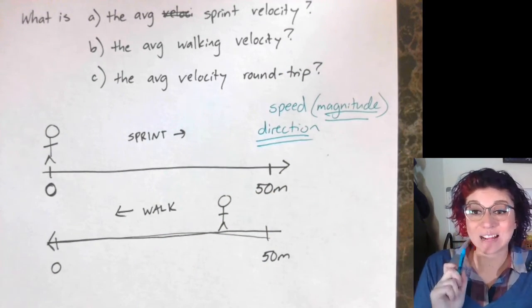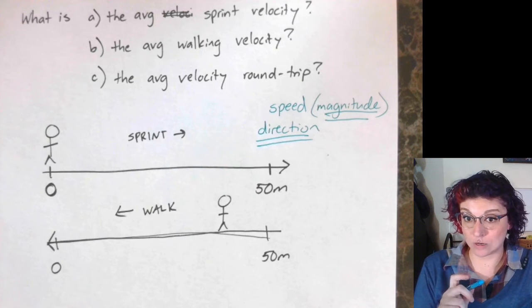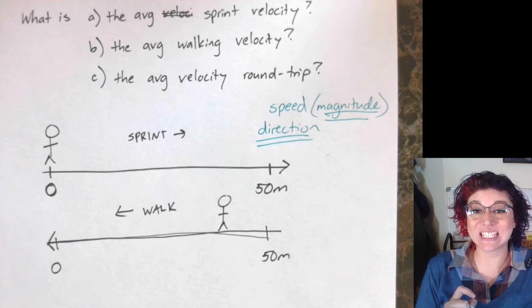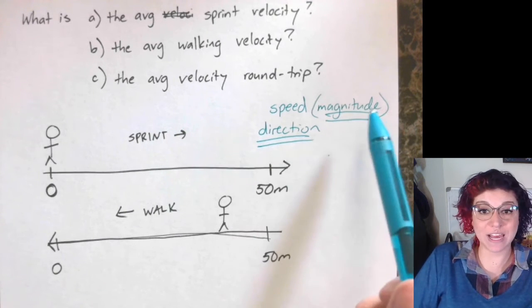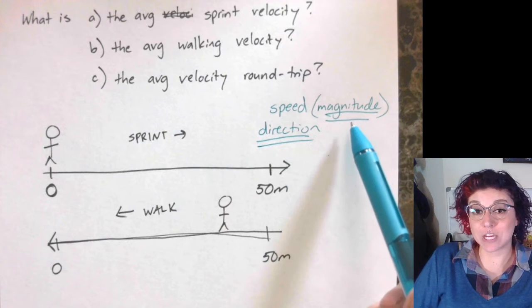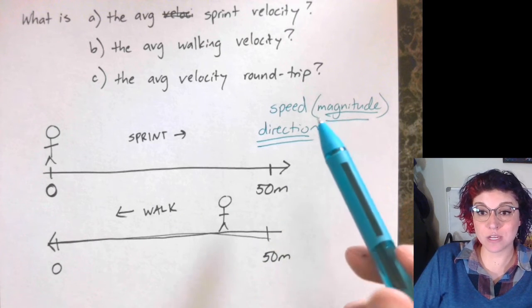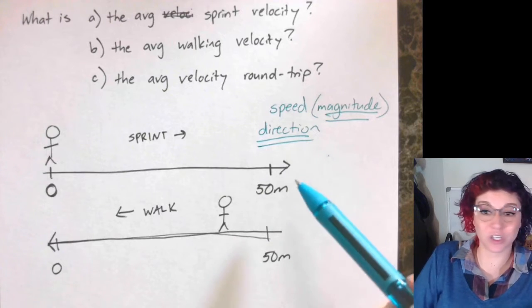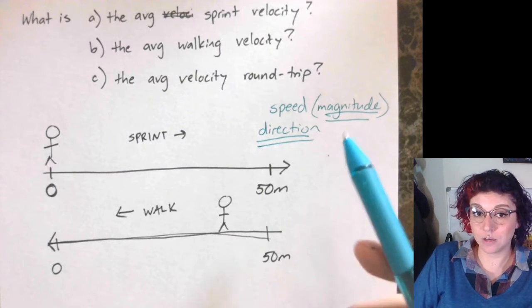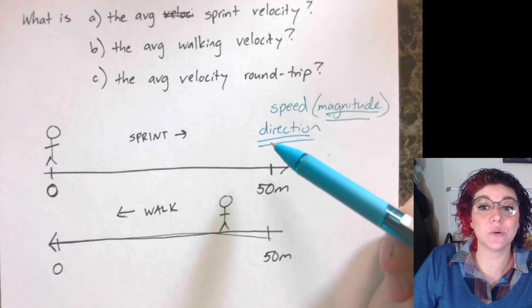This directionality component is so important. It's what distinguishes it from speed, yeah? Speed only has magnitude. Think of your car. If you're going 50 miles per hour, that doesn't tell you a direction, it's just telling you a speed. Velocity tells you a direction.